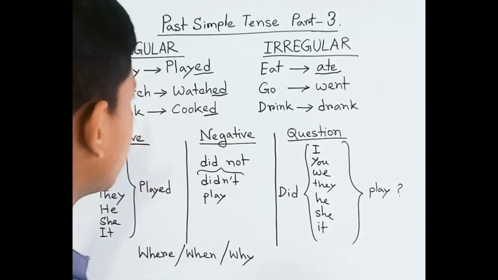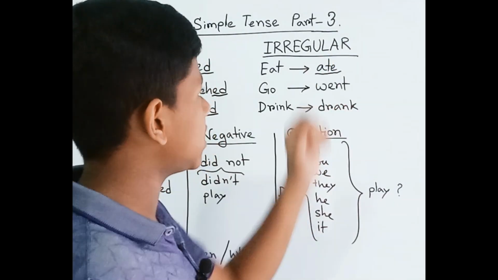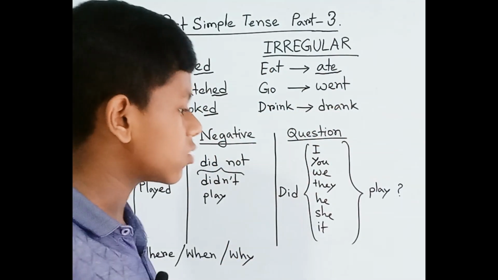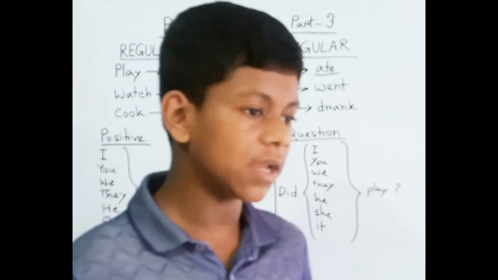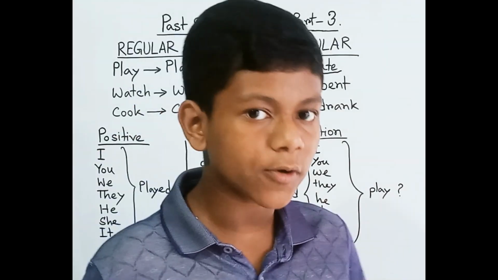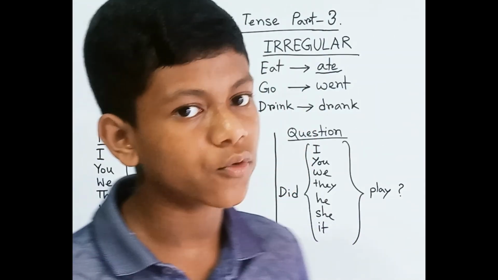After that, we will learn the irregular a little bit later. So today is the first step. We are on the regular verbs, and today's topic is how to use the past simple tense with regular verbs.